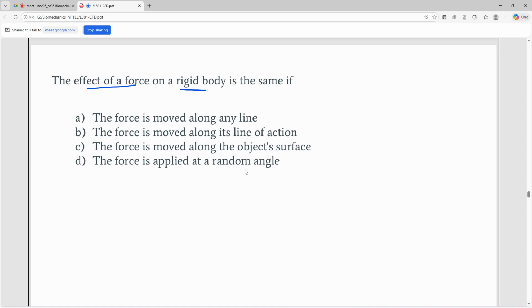So this is again a direct question. The effect of force on a rigid body is the same if it satisfies which of the following conditions?